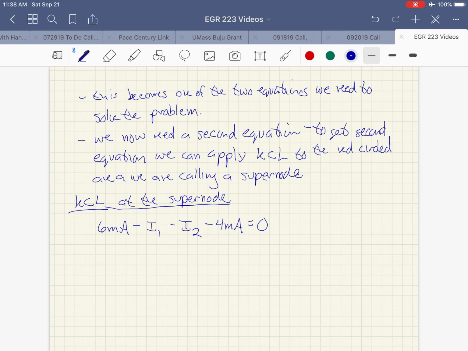Now we can make a substitution. We know I1 is V1 over that 6K ohm resistor. I2 is V2, we said this earlier, over the 12K ohm resistor.